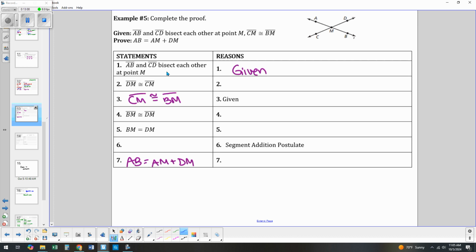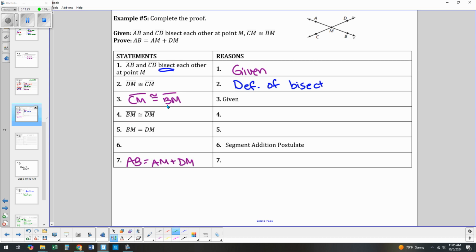I see AB and CD bisect each other. And now I'm saying 2 pieces of a segment are congruent. So if I saw my word, I'm going to use the definition of that word. Definition of bisect. And then we were given that segment CM is congruent to segment BM. And now I have segment BM is congruent to segment DM.